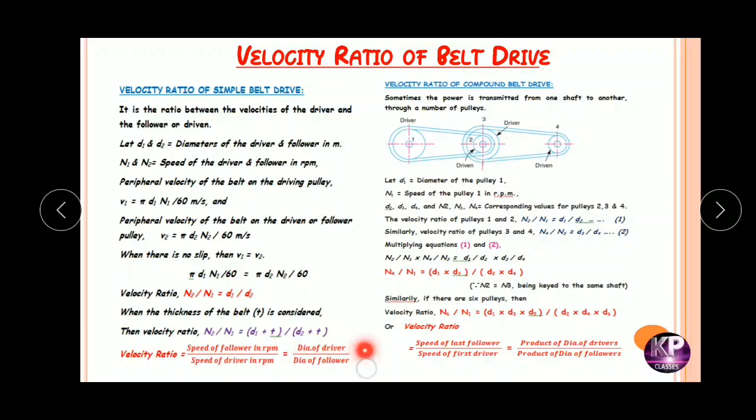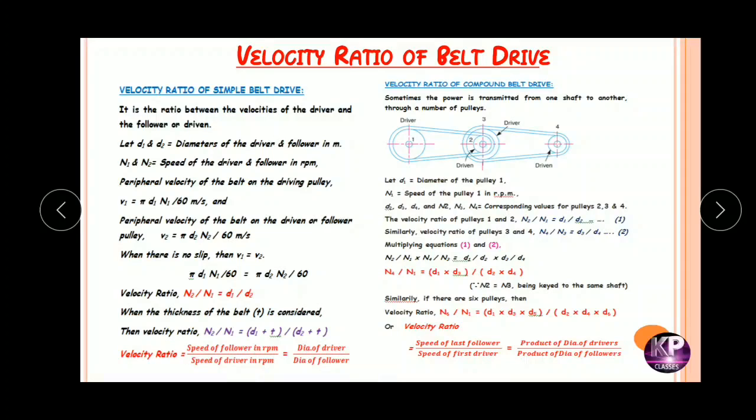Final formula for the velocity ratio equal to speed of the follower in rpm, that is n2, upon speed of the driver in rpm, that is n1, equal to diameter of the driver d1 upon diameter of the follower d2.